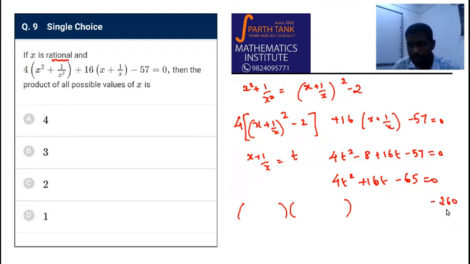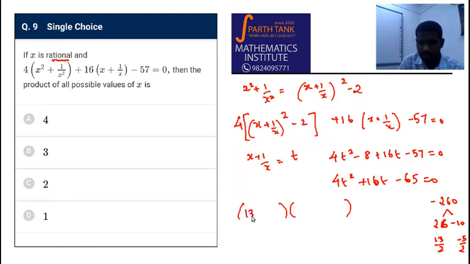Now we have to split this into two pieces which on subtraction would give you 16. So obviously it is plus 26 and minus 10, right? And then divide both by 4, you get 13 by 2 and minus 5 by 2. I hope you know all these techniques.